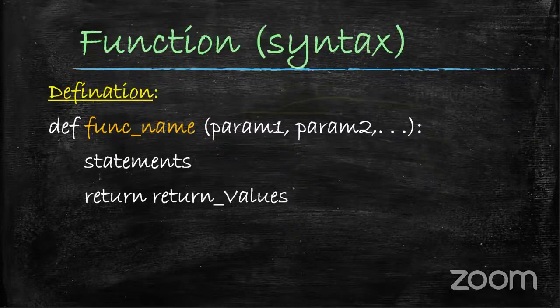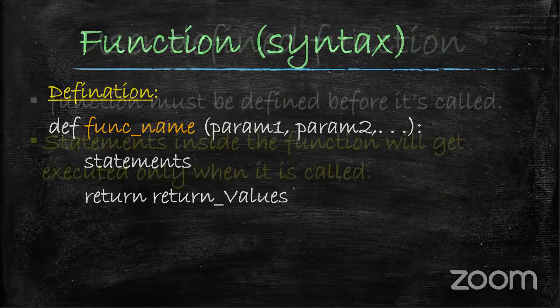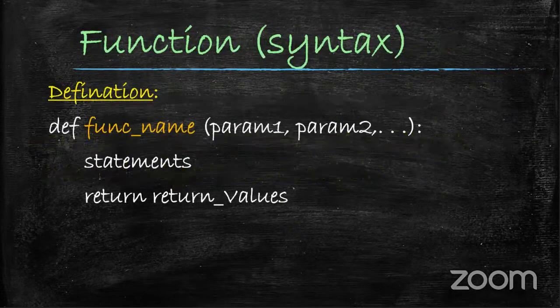Okay, let's see the syntax for functions. A function has a syntax like this: def, so it is defining, def function name. Here you will write the name of the function, then bracket, the parameters. So you have parameter 1, parameter 2, and so on. You can add as many parameters as you want as per your requirement.